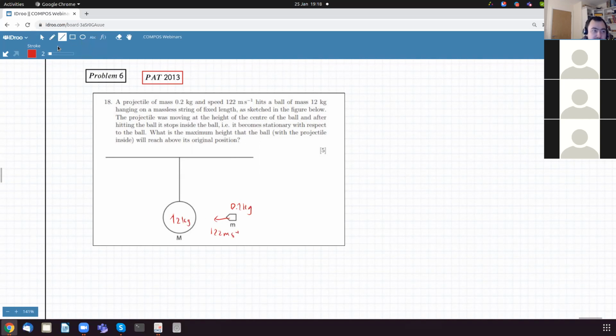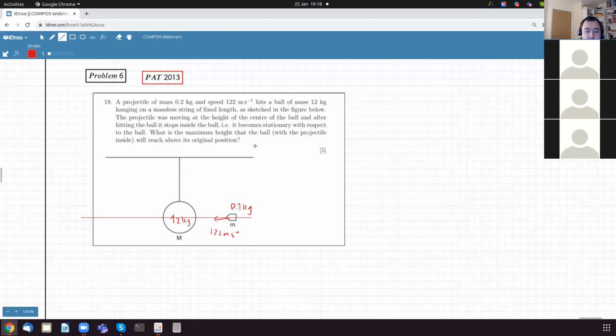So if you draw a line through the center of the ball, okay, and after hitting the ball, the projectile stops inside the ball, becomes stationary with respect to the ball. So it's somewhat similar to the thing we did with the proton and the alpha particle.